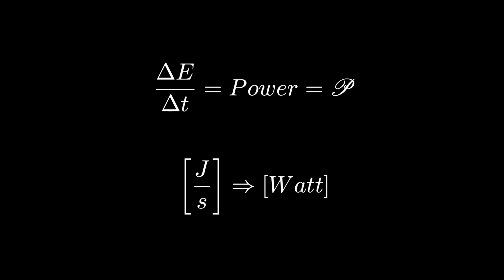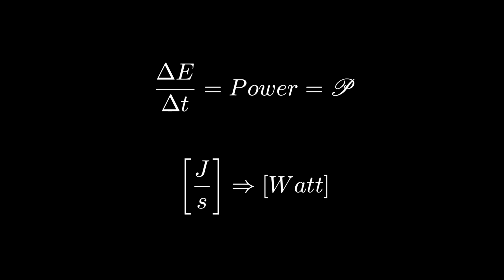Now, power is given a special symbol. It's a script P. I personally don't do a good job of writing a capital cursive P, certainly not one as fancy as this one. So I have a tendency in my own handwriting to use a backwards paragraph symbol. I have to distinguish it from a lowercase p, which in our course will be momentum, and from an uppercase P, which is pressure.